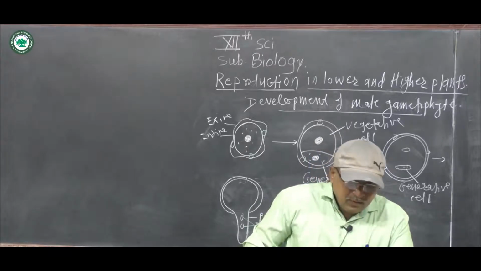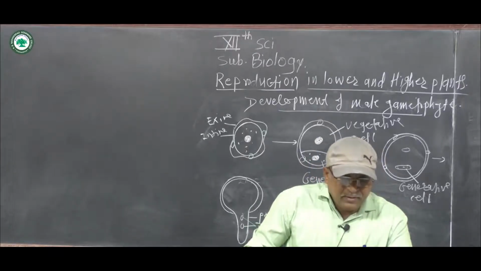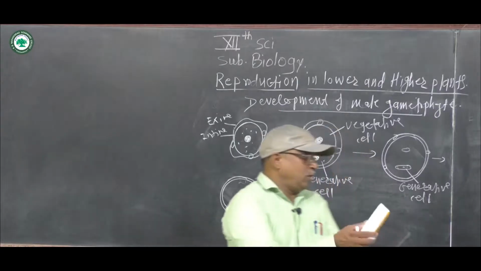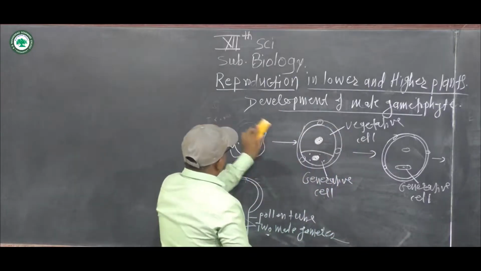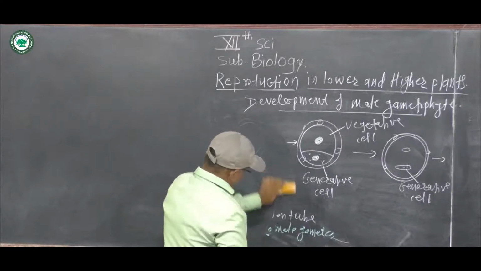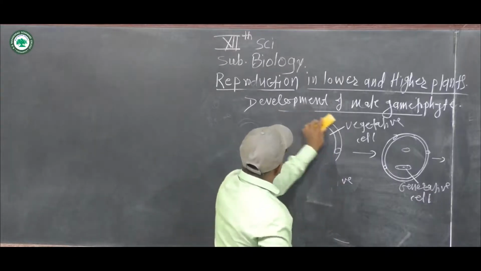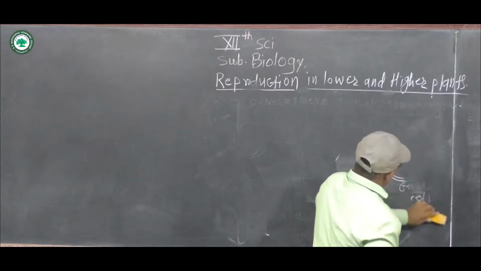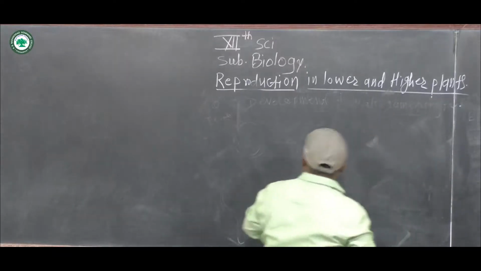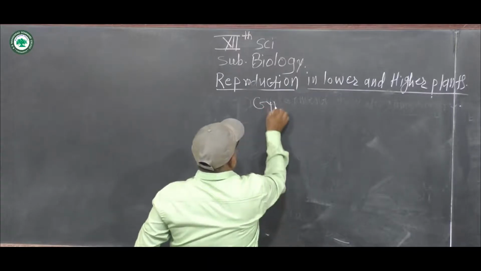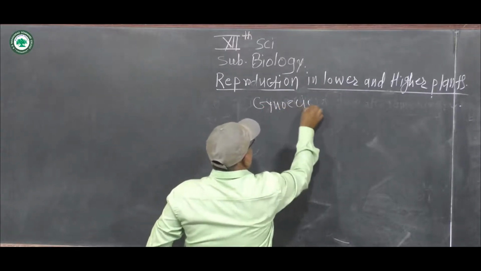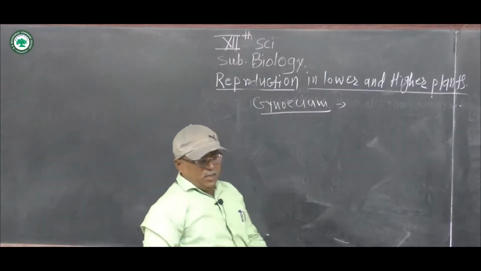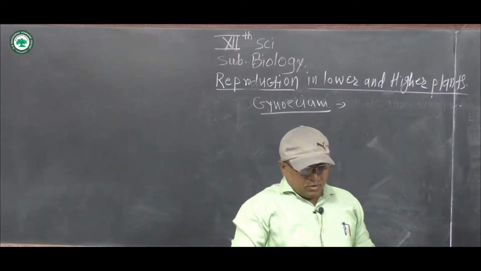Then the another point, gynoecium, that is female reproductive organ, gynoecium. Gynoecium, female reproductive organ of the flower.